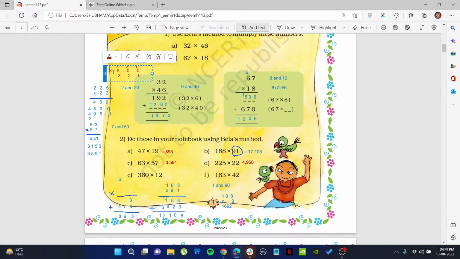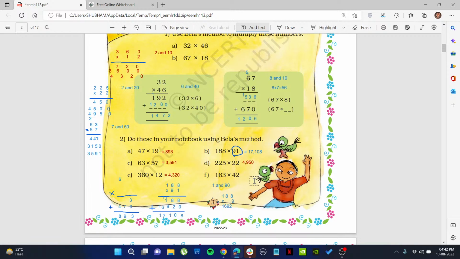And another one will be regrouped to this 3 and it will become 4. So we get 4320. So 4320 is the final answer for question E.